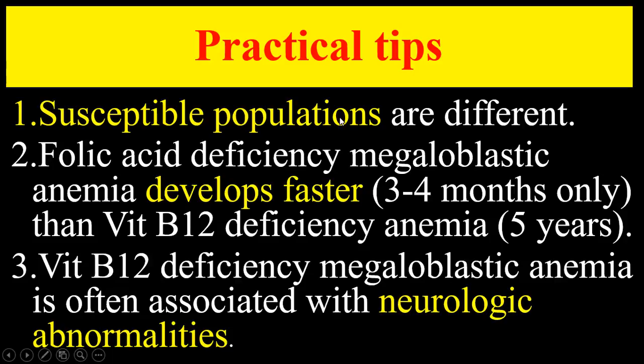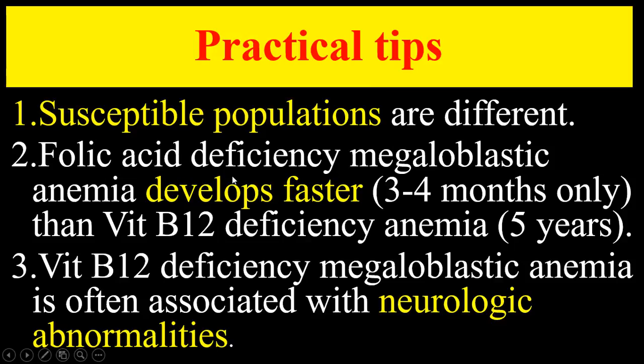One, we have to see the susceptible populations. Those who have undergone gastrectomy or ileal resection, those who are strict vegans, might have vitamin B12 deficiency, and pregnant women, alcoholics, or those having liver disease might be suffering from folic acid deficiency.